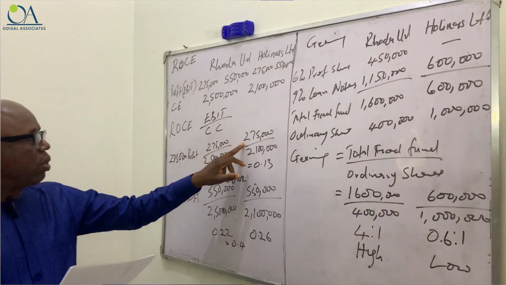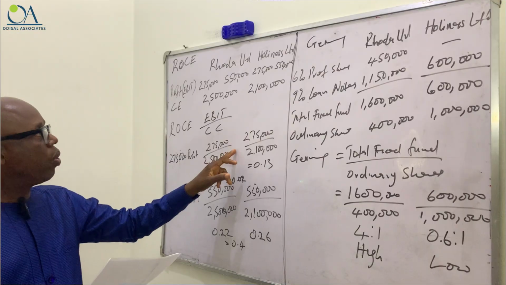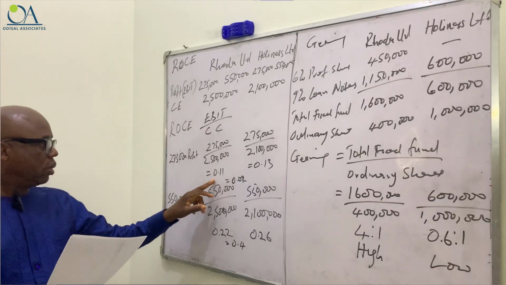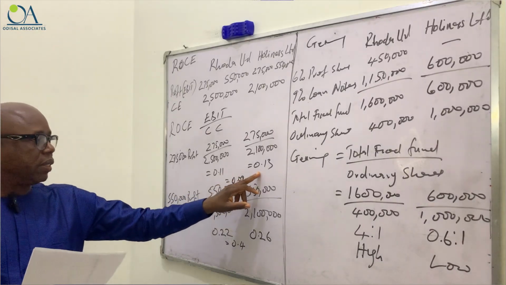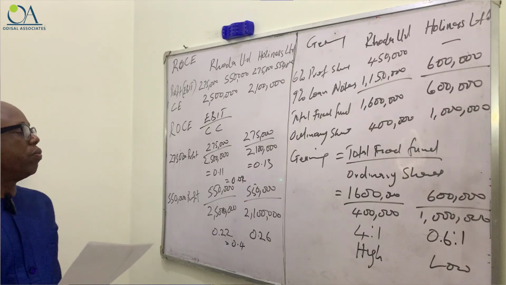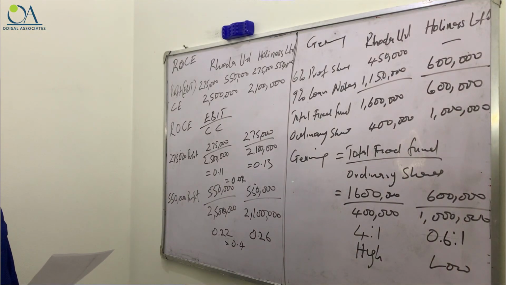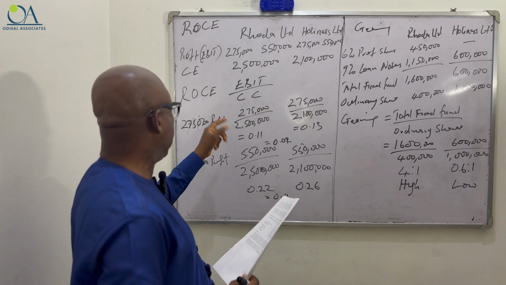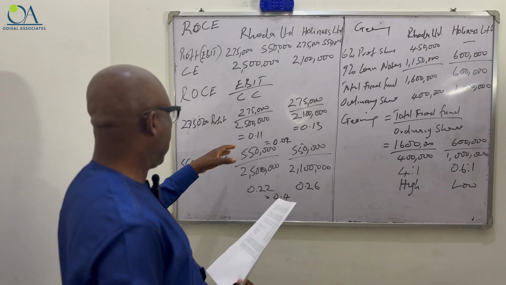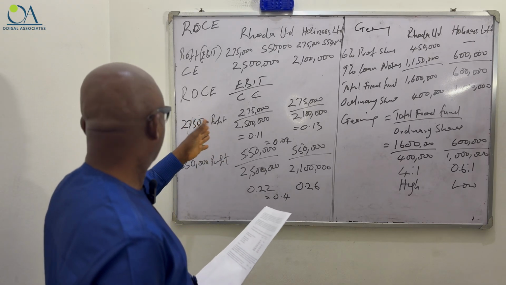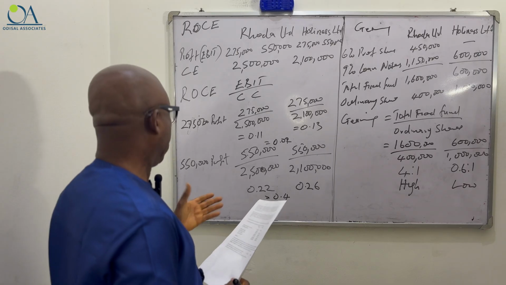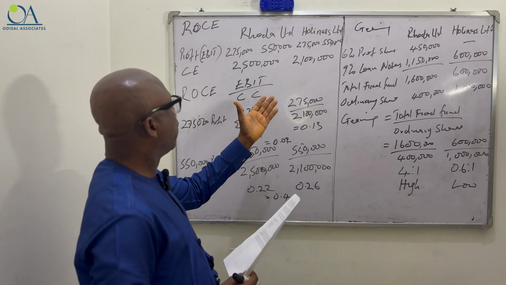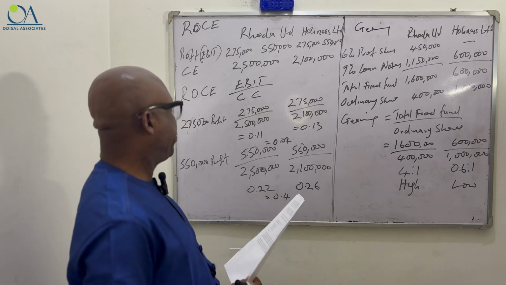And for Holiness is 275,000 over the capital employed of Holiness, which is 2.1 million. It gives us 0.11 for Rhoda and 0.13 for Holiness. So what it means is that the earning before interest and tax for Rhoda on the capital employed is 11%. And for Holiness is 13%.